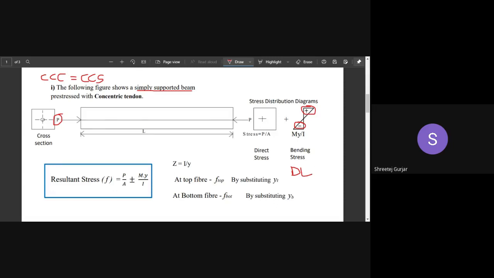Now, this dead load will cause sagging of your beam. Your beam will start to sag like this.